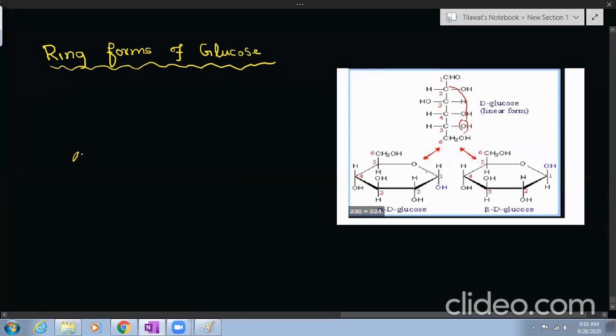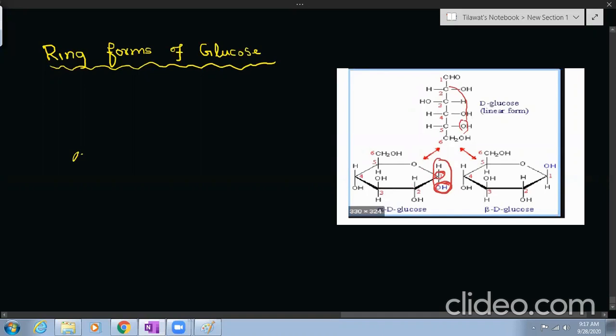You can check here. Now the important thing for us is this carbon number 1, right? You can see this is carbon number 1. If the hydroxyl group is downward from carbon number 1, remember, we have two ring forms of glucose. One is alpha glucose, another is beta.